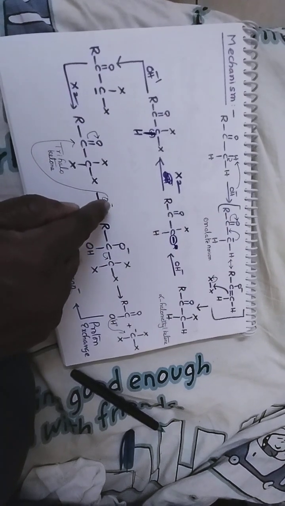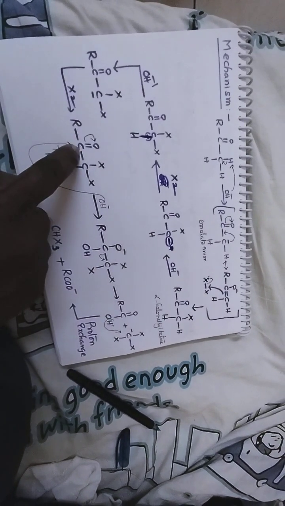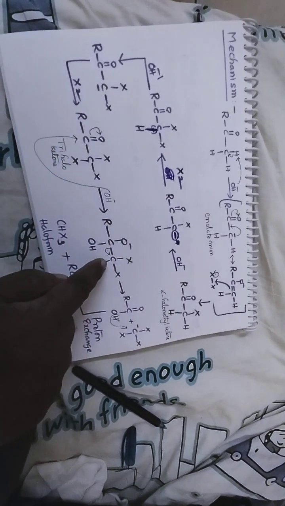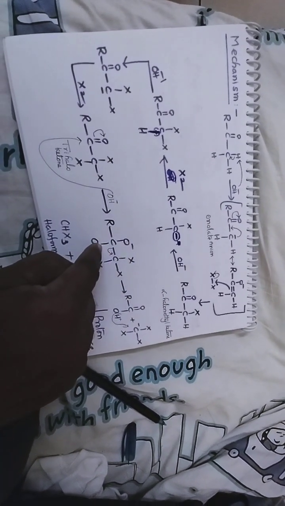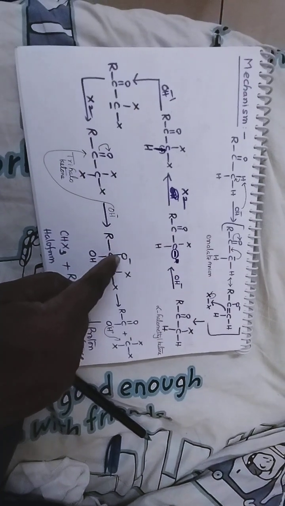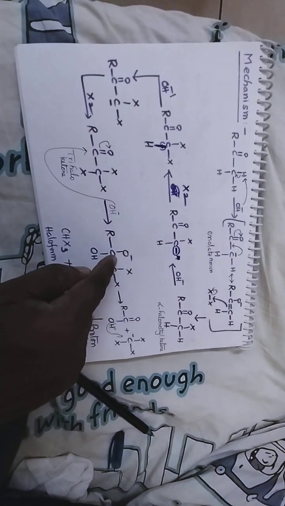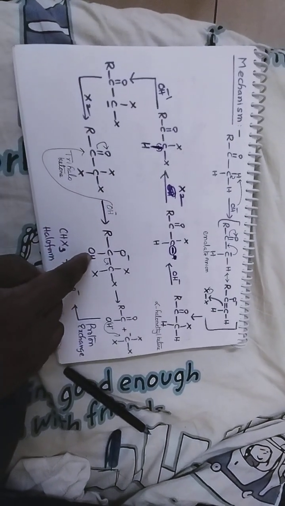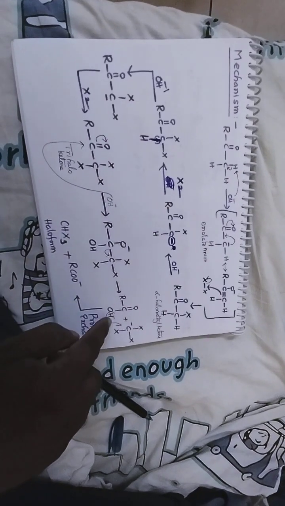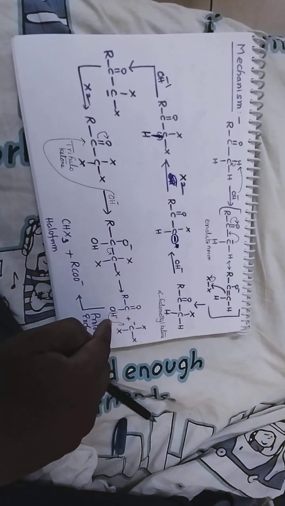If you treat it with base, this base will attack on this carbonyl carbon. Now this carbon has a negative charge, and it is highly unstable. So this bond will be broken. The proton will be shifted. So here bond breakage will happen.